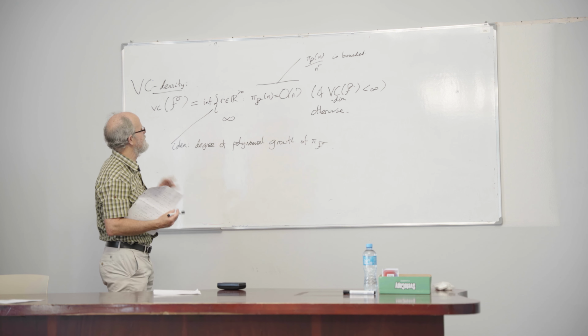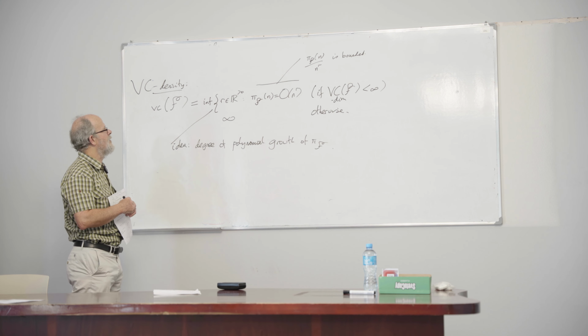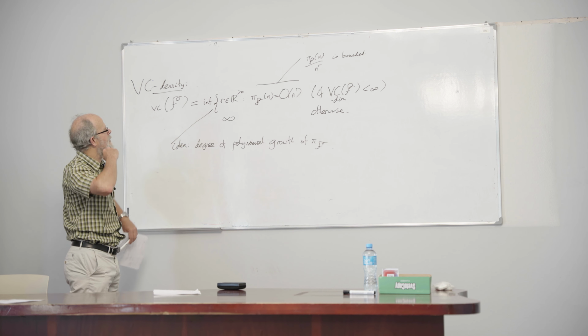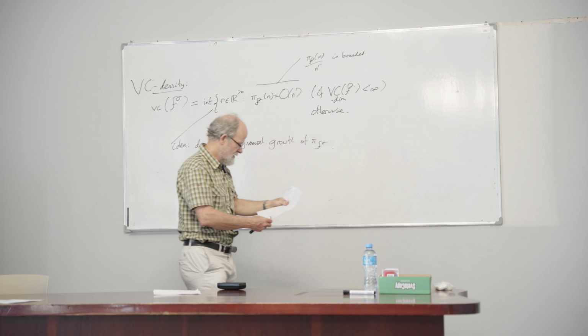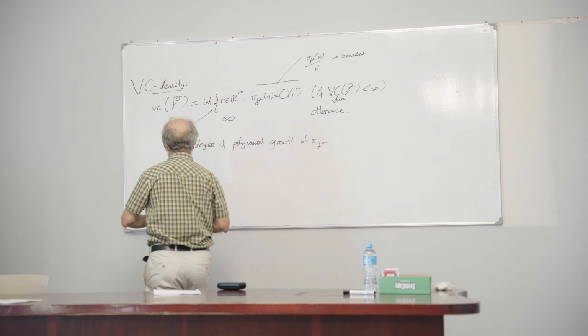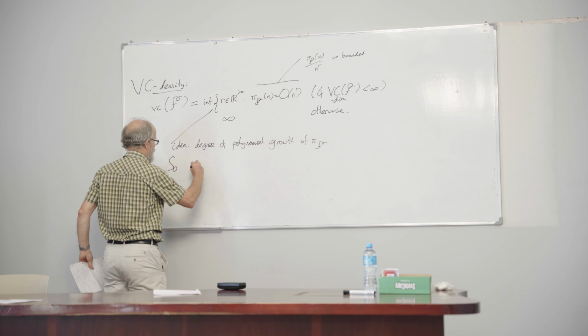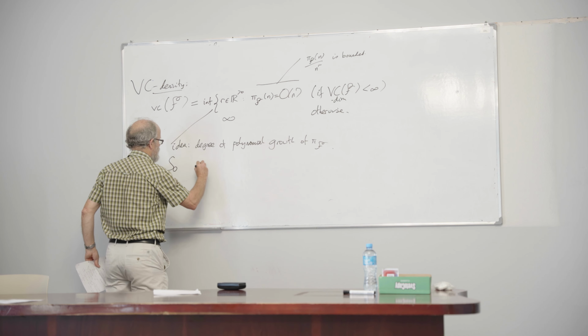Yeah, I guess I mean that. So it's the infimum of the r so that pi f of n over n to the r is bounded. And so automatically, little vc of f is going to be less than or equal to capital VC of f.